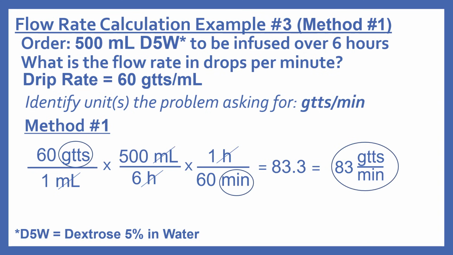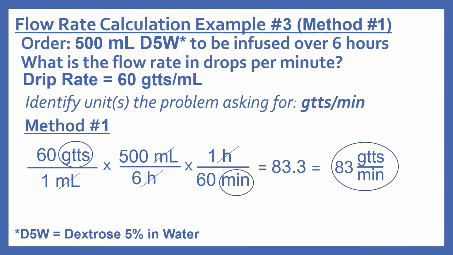We'll multiply that by 500 milliliters per 6 hours. So we have a milliliter on the top and a milliliter on the bottom, and those cancel. And then we know there's 1 hour per 60 minutes, so we'll multiply that by 1 hour over 60 minutes. So we have an hour on the top, an hour on the bottom, and those cancel. And we're now left with drops on the top and minutes on the bottom.